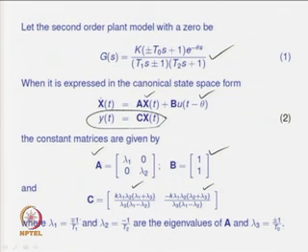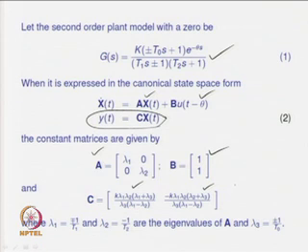If you look carefully, C has two elements which have different values. It is not like C is having C 1 and C 1.